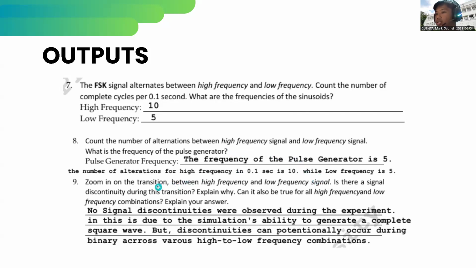Zoom in into the transition between the high and low frequency signal. Is there a signal discontinuity during the transition? Explain why. Can it also be true for all high frequency and low frequency combinations? Explain your answer. My answer for this is that no signal discontinuities were observed during the experiment.